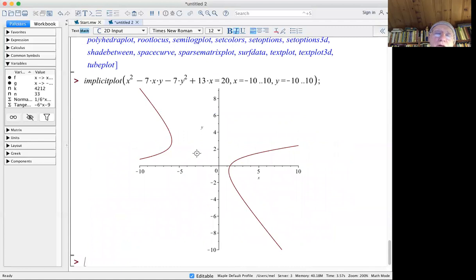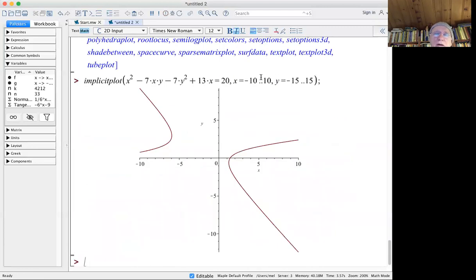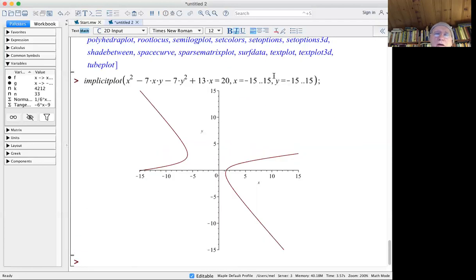So this seems to look like something like that. That's kind of interesting. Suppose I go a little bit further out. This is what I want to change. Looks like I have a hyperbola, but twisted.